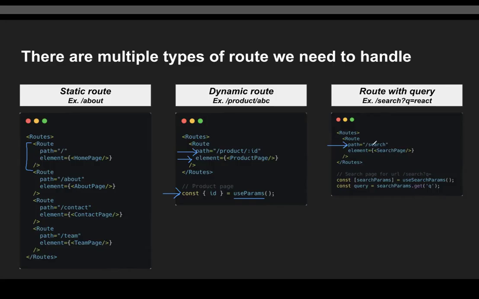So for example, here would be just /search. You do the element just like you would normally, the search page. And inside the search page, you can then access these query params through the useSearchParams hook. You can have multiple of these, right? You can access specific ones like searchParams.get('q') to get the values and then do whatever you need to do in the application or in the component.